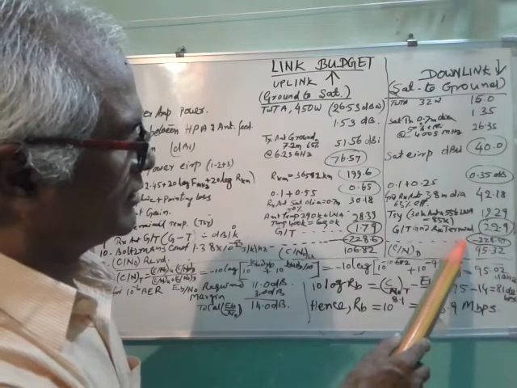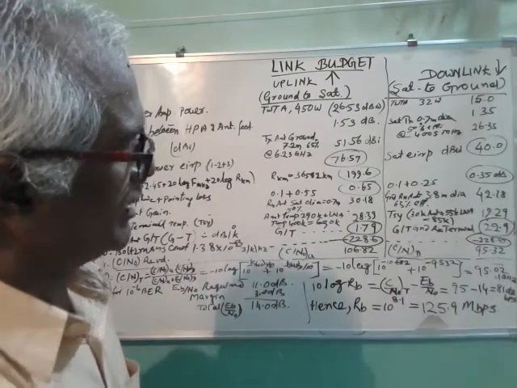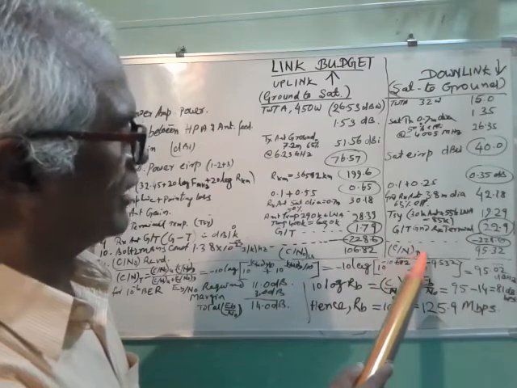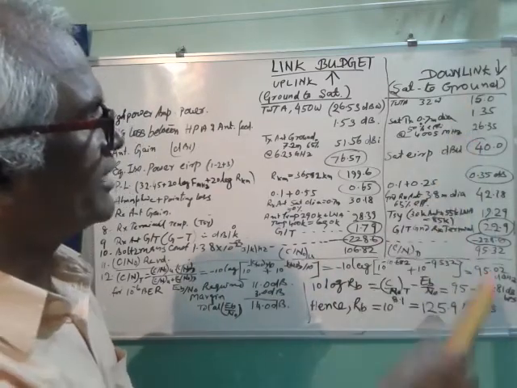Then the Boltzmann constant is the same, and here the C by N naught downlink will be calculated similarly.